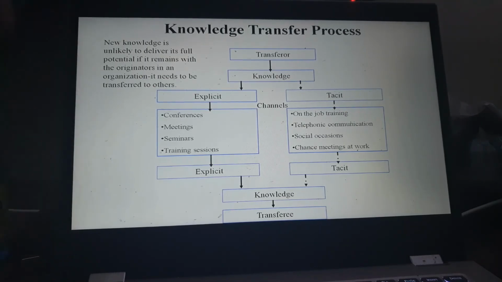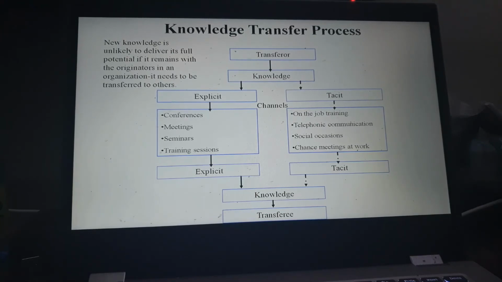All that is how we can transfer explicit knowledge. But for tacit knowledge, it will be like on-the-job training. You are being trained as you do, or OJT, as you put it.